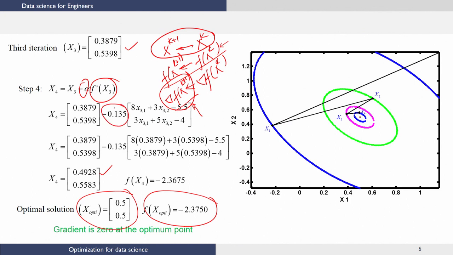Nonetheless, I just want you to remember that this learning parameter is something that could be changed optimally from iteration to iteration in a given optimization algorithm. So, with this, I hope you have got a reasonable idea of univariate and multivariate optimization, unconstrained nonlinear optimization.